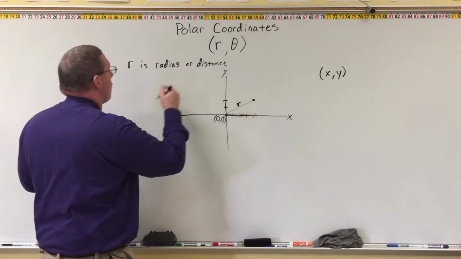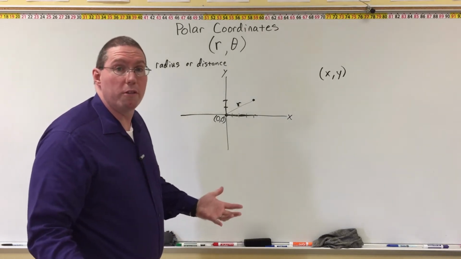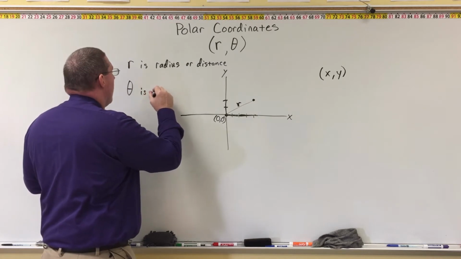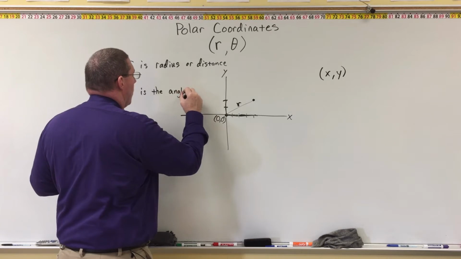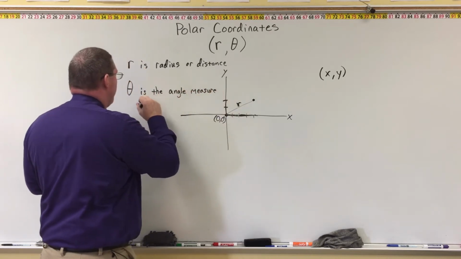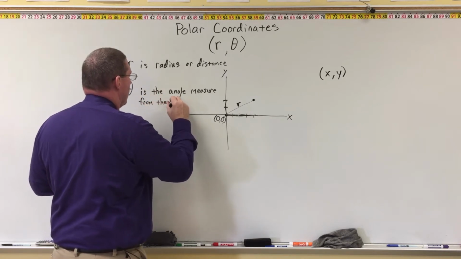All right, so then what is the theta? Well, the theta is actually what we've been working with for the past several weeks. Theta is the angle measure from the initial side.